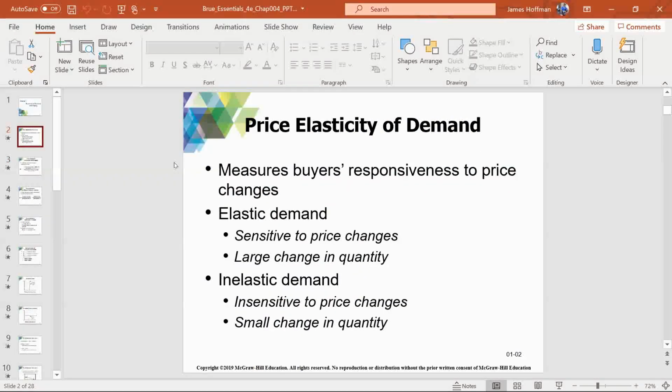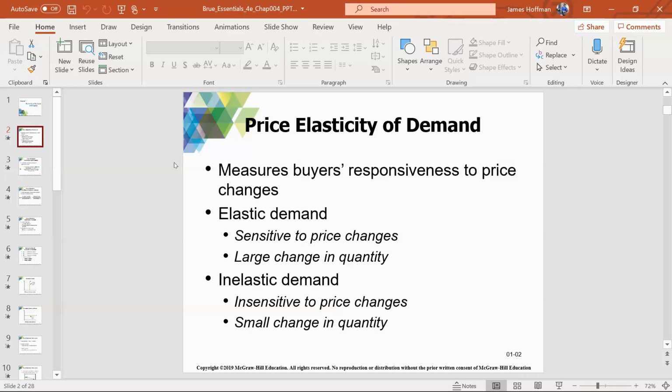All right, so elasticity in general measures the responsiveness of one variable to changes in another. The first elasticity we'll talk about, and spend most of the time on, is the price elasticity of demand. What this does is it measures the responsiveness of demanders or consumers to changes in price.